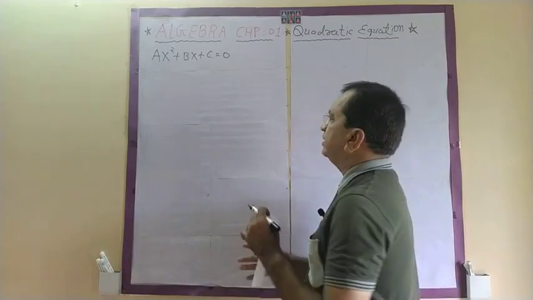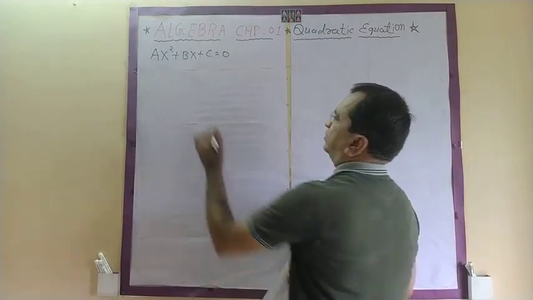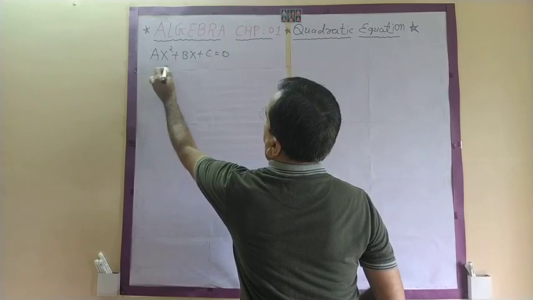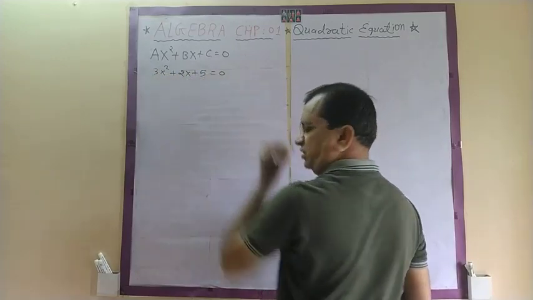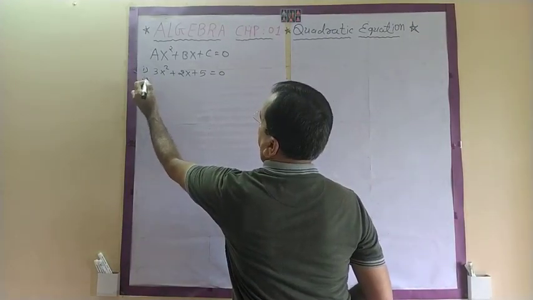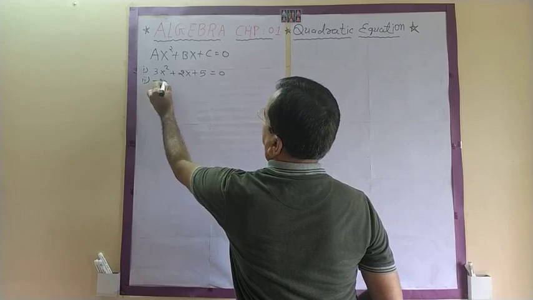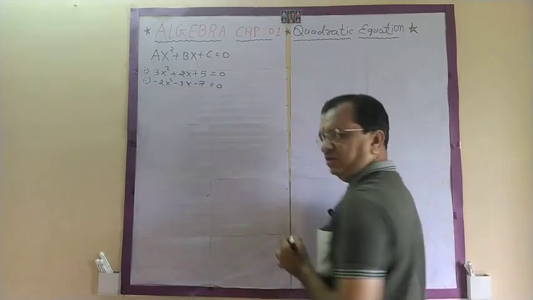For example, a, b, c, you can write any positive or negative value. For example, 3x square plus 2x plus 5 is equal to 0. Example number 2: minus 2x square minus 3x minus 7 is equal to 0.